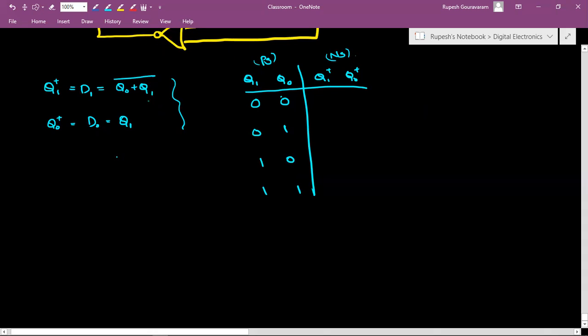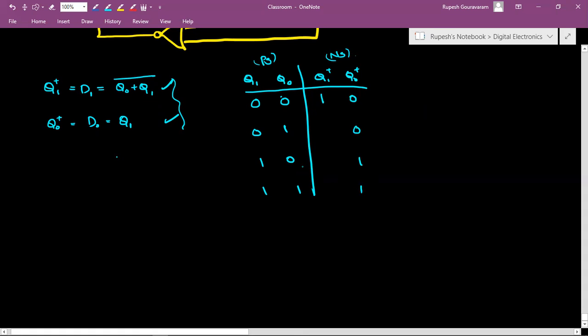Using these two equations, let us see what Q1 plus and Q0 plus are. Q1 plus is (Q0 plus Q1) whole bar, that is (0 plus 0) whole bar, that is 1. And Q0 plus is Q1, it is 0. So Q0 plus follows Q1, so we directly write this as 0, 0, 1, 1.